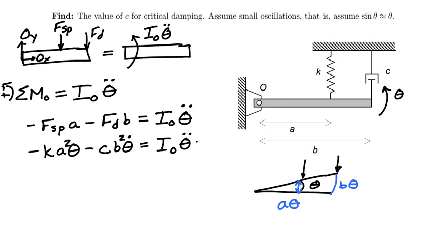I can go one step further and say I_O for a bar will equal I about the center of mass plus the mass times the distance between the center of mass and the end, which in this case would be quantity b over 2 squared.